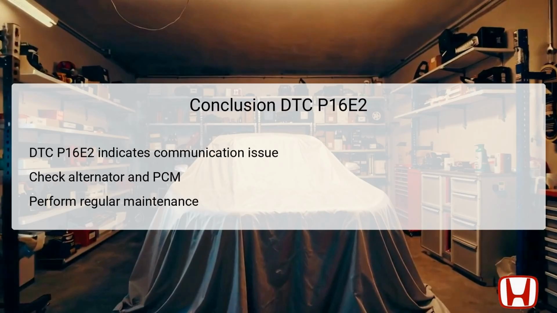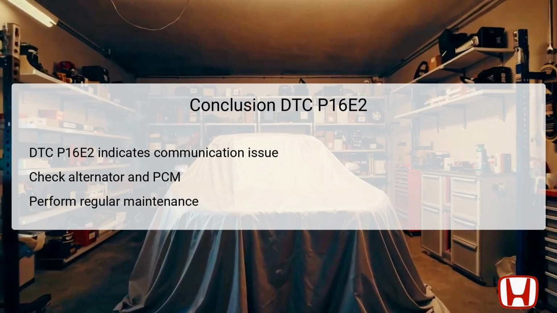In summary, DTC P16E2 signals a communication error between the PCM and the alternator, making it crucial to inspect all related components thoroughly. The troubleshooting process emphasizes verifying connections, inspecting the alternator, and confirming the integrity of the LIN communication lines.